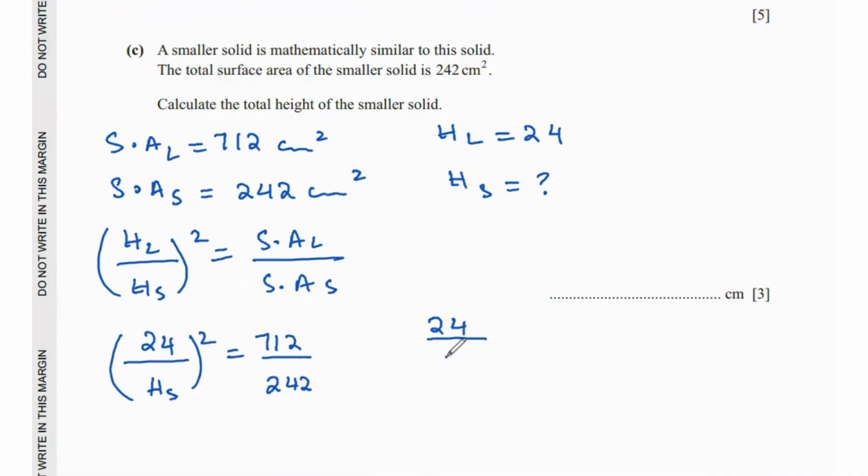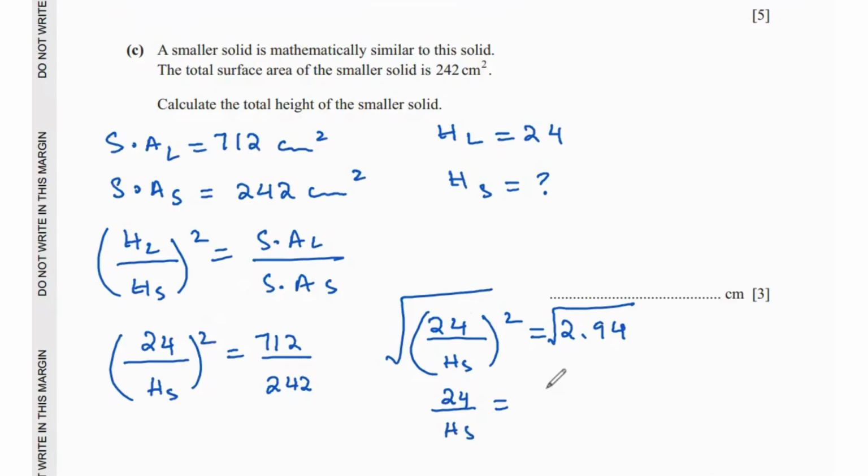So 24 over HS, whole squared, equals 2.94. Square root both sides. So 24 over HS equals 1.71. So HS is 24 divided by 1.71. That's 14.04 centimeters. That is the height of the smaller solid.